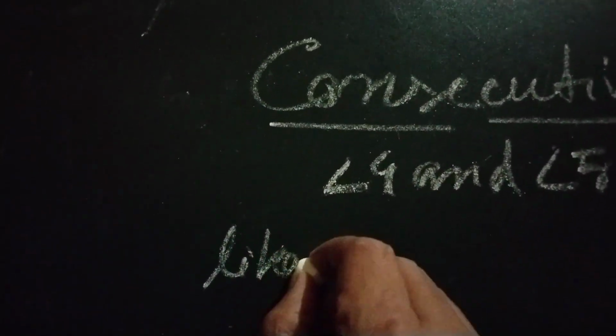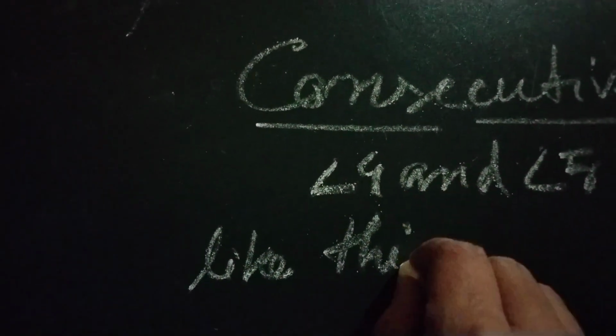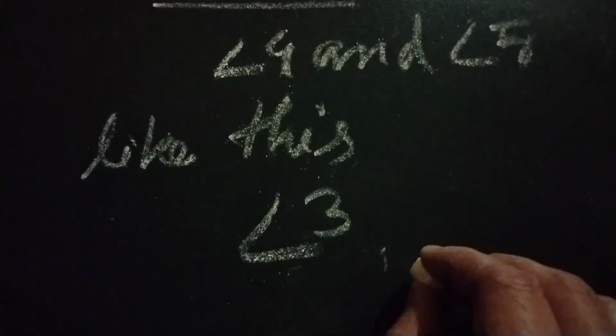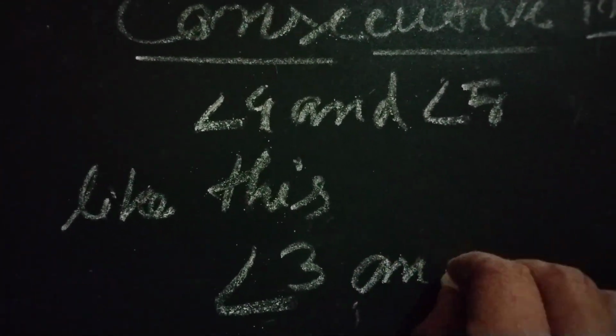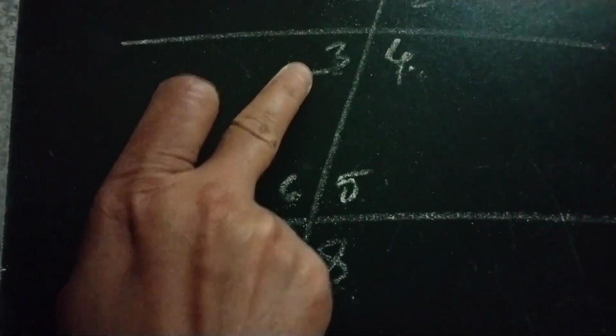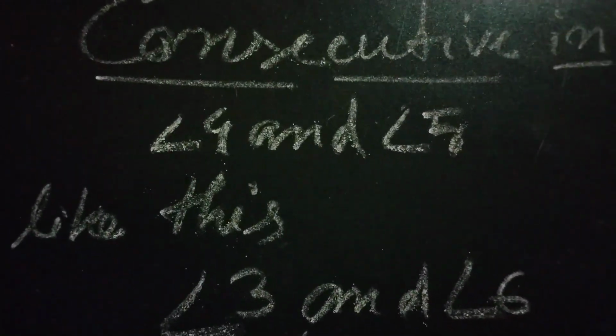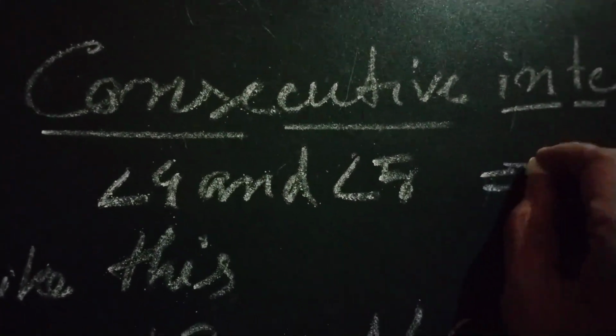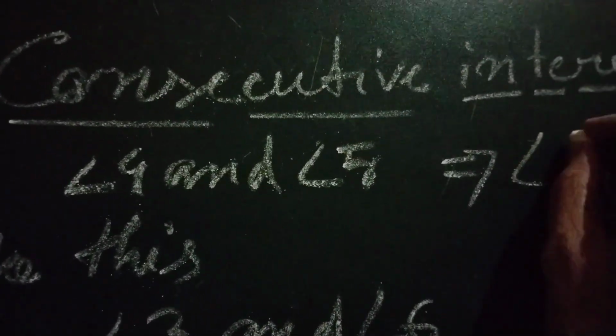Like this, we also get another two consecutive interior angles, angle 3 and angle 6. The position of angle 3 and angle 6 is similar to angle 4 and angle 5, so these two are also consecutive interior angles.